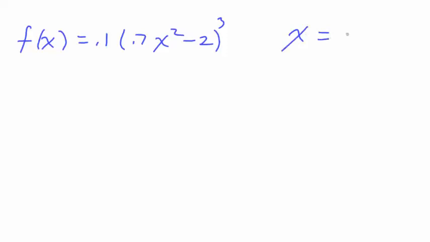Alright, so let's write out everything that they gave us. We got f of x, we're using blue ink again, is 0.1 times (0.7 x squared minus 2), and it's all raised to the third power, and x is equal to 1.3.